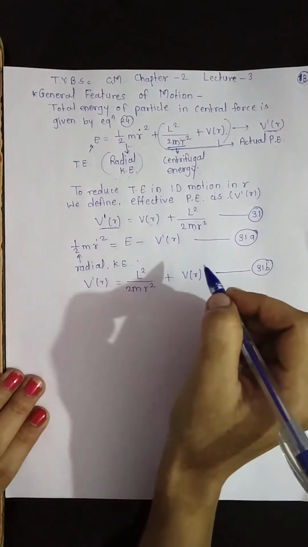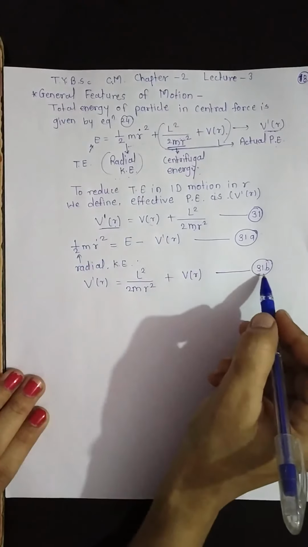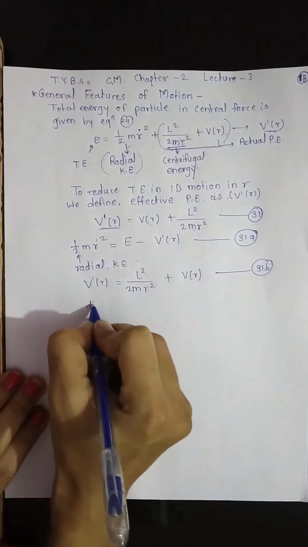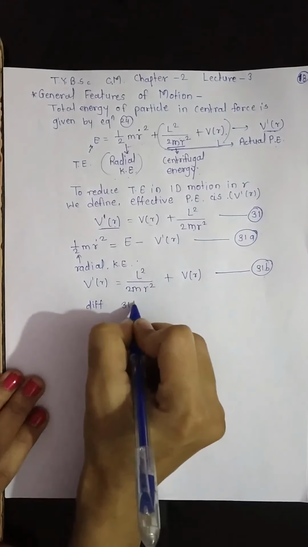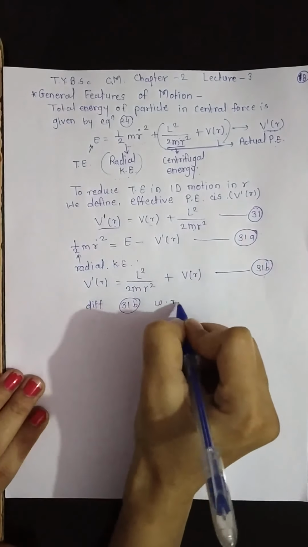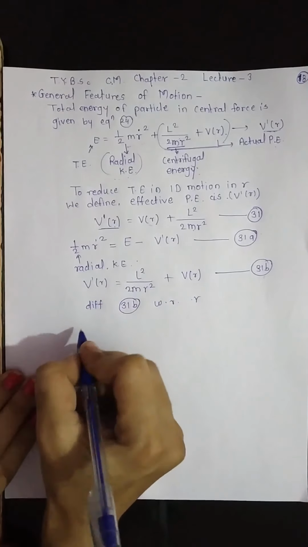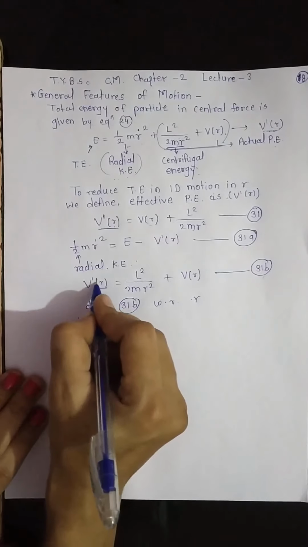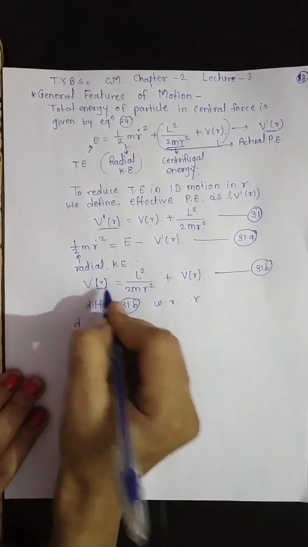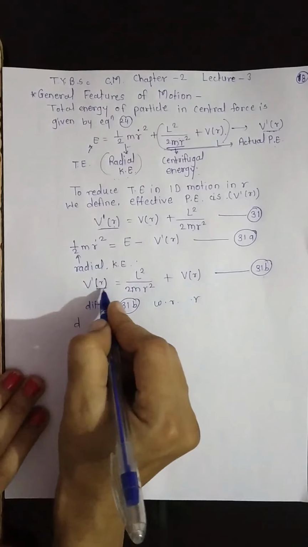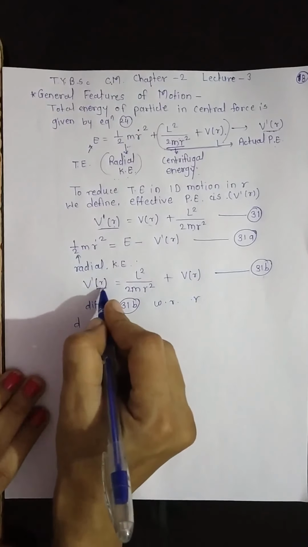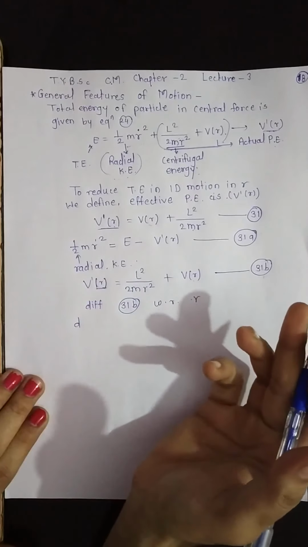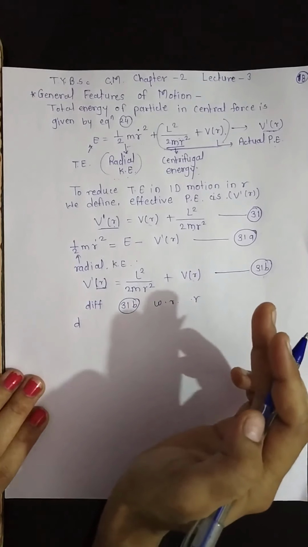Now let me differentiate equation 31b with respect to R. What will we get? I will skip writing the argument of this term and denote it simply as a function of R for convenience, but you have to keep in mind that the potential is always a function of R because our forces are central forces.